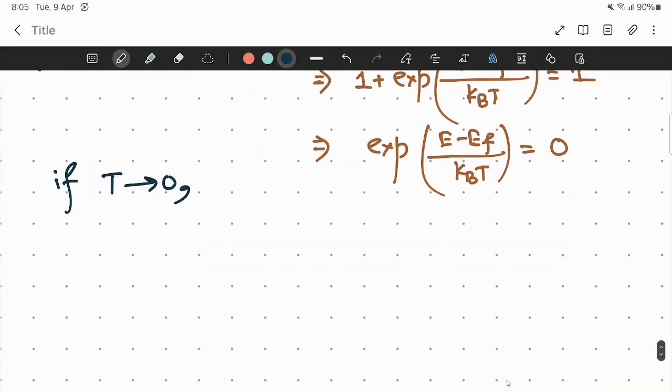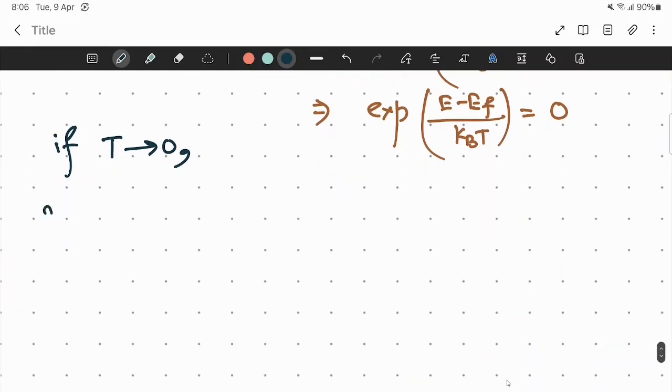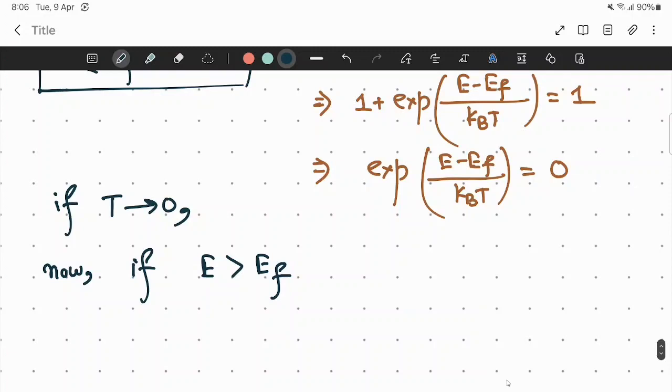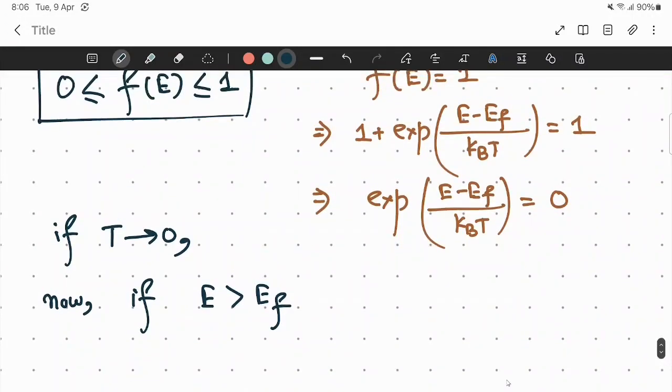Now, if T tends to 0, you can think, let's say E greater than EF. If temperature tends to zero, then the exponential function will be infinite. But if E is less than EF, then that will be minus infinite.